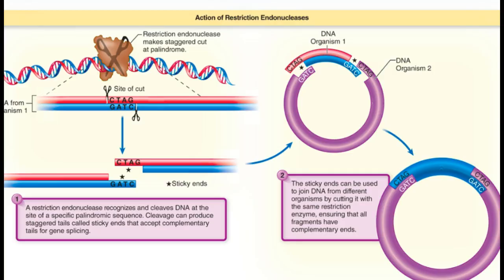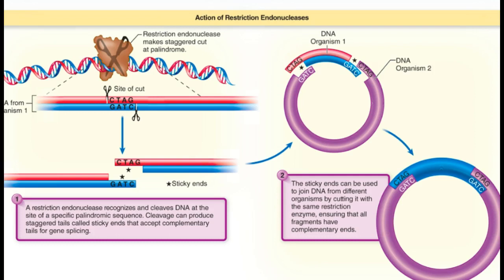So you can see here the action of restriction enzymes. So they're kind of like scissors, right? They're going to cut the DNA in a very specific location, and we call these palindromes.